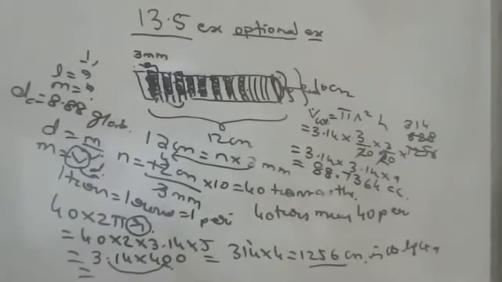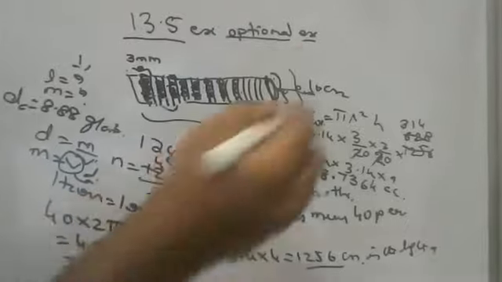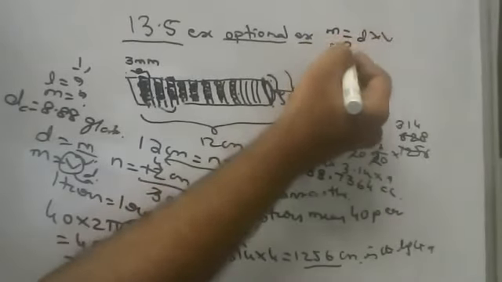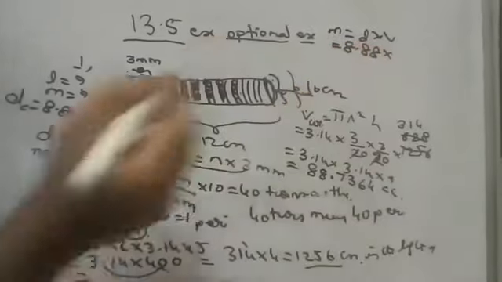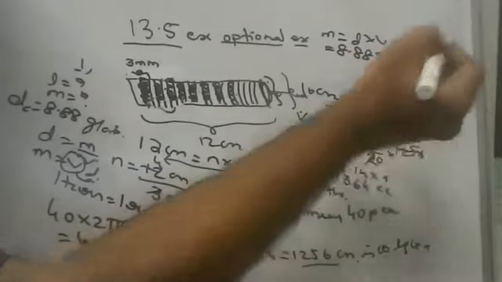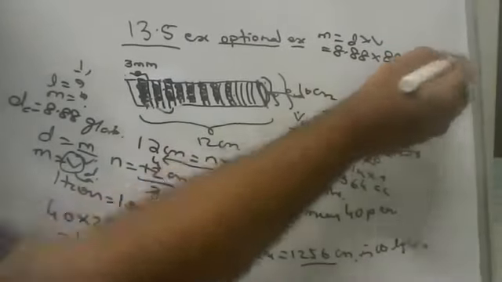Now finally I have to find the weight, mass. Mass is equal to density into volume. Density how much? 8.88, they have given here. And volume how much did you get? 88.7364.